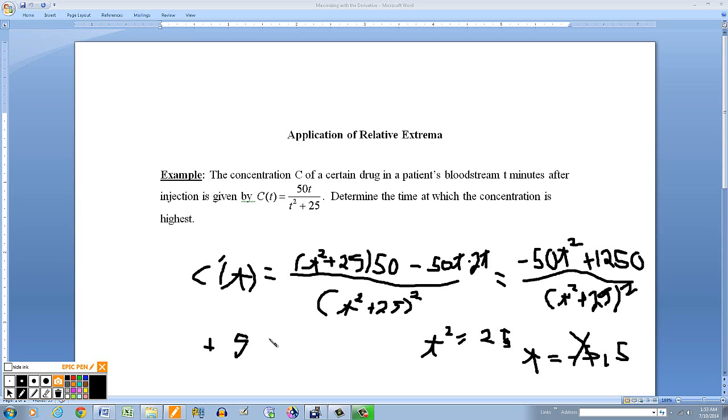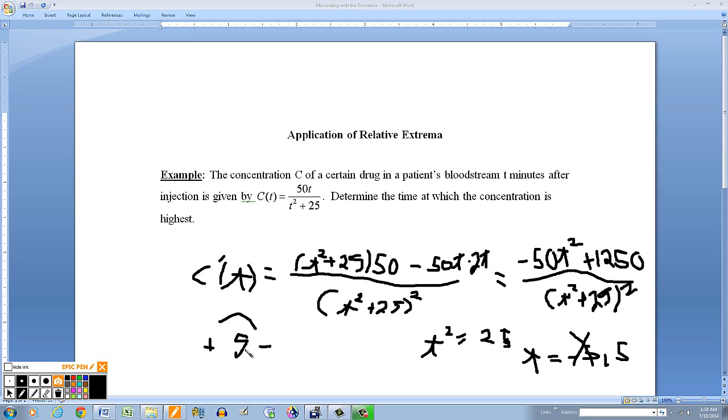Now to the right of 5, if I select a 6, put a 6 over here, 6 squared, 36 times negative 50, plus 1250, that will come out to a negative. So basically my graph goes like this. It rises, and then at 5 it falls, so I do get a maximum. So the maximum occurs at 5.